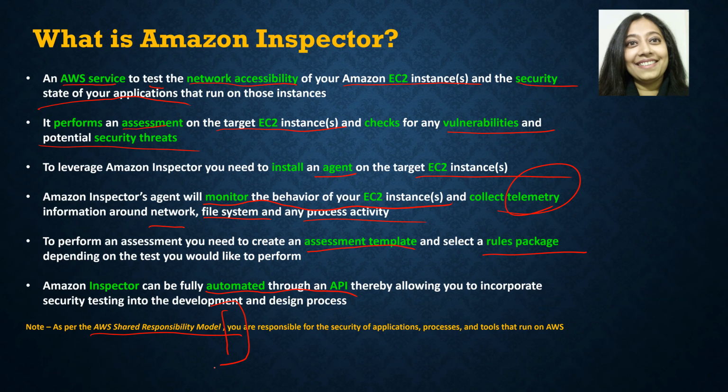That means services like Amazon Inspector can help you identify the security threats, identify the security loopholes, and the various issues that can potentially occur. It can also give you recommendations. But at the end of the day, it's you who is responsible for fixing them.